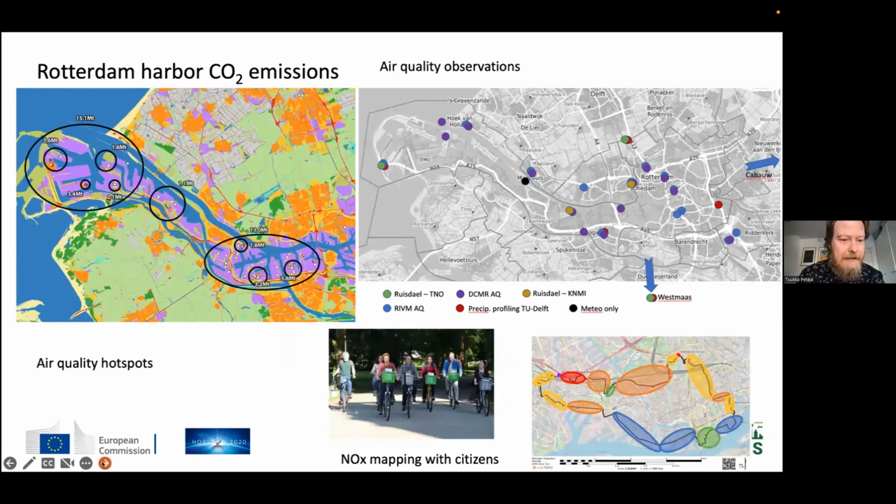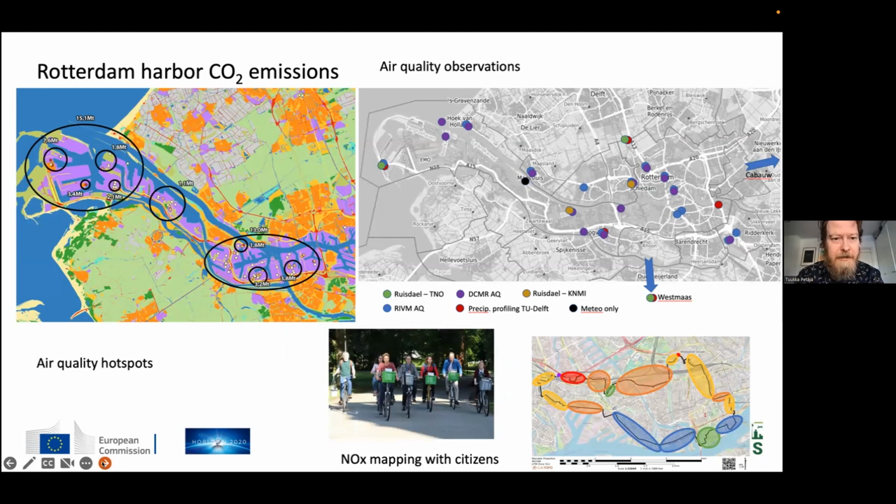And the last example is the hotspots, and this is actually connecting to the environments where there are also at the same time high CO2 emissions. So this is around Rotterdam.